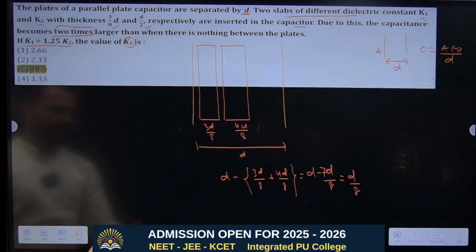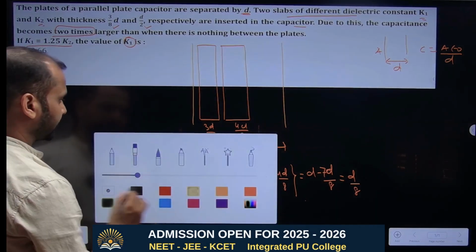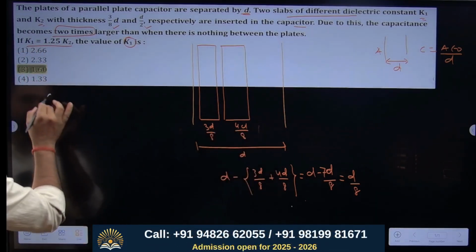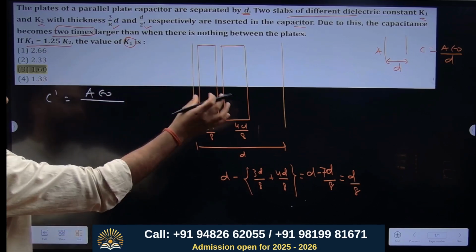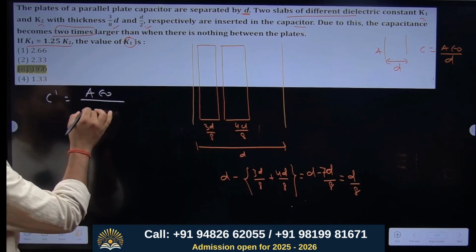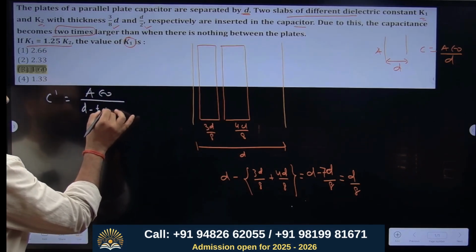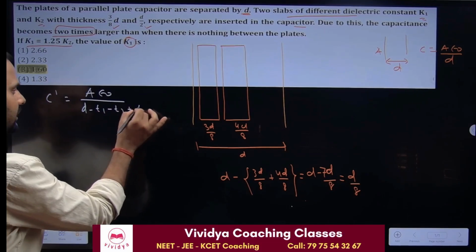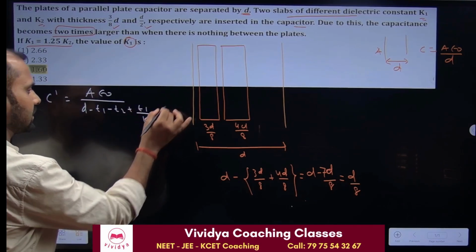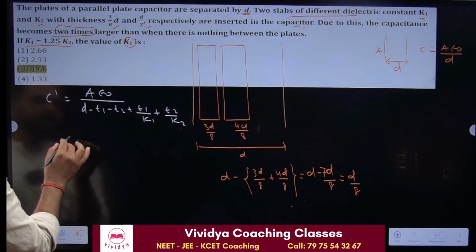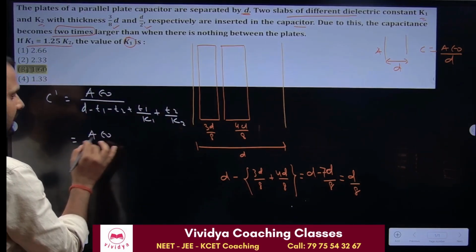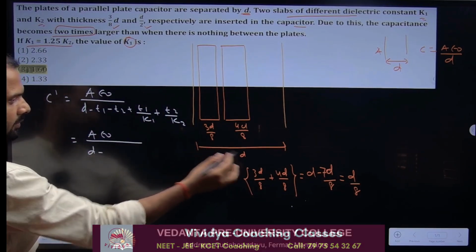Now, why are we calculating that? Because as you know, for 2 dielectrics of thickness T1 and T2, the formula for C dash can be written like this: A epsilon naught divided by d minus T1 minus T2 plus T1 by K1 plus T2 by K2. What information is given? A epsilon naught by d is given.